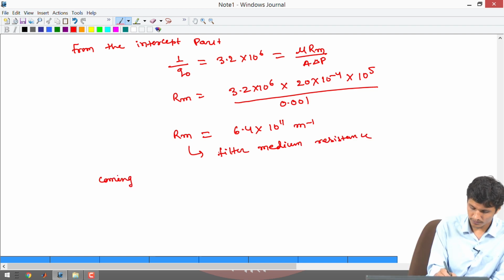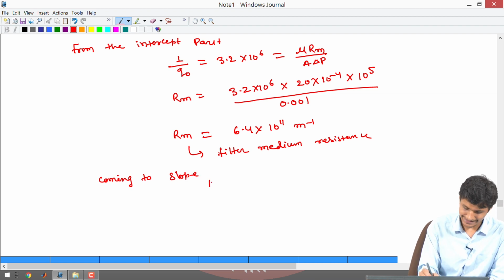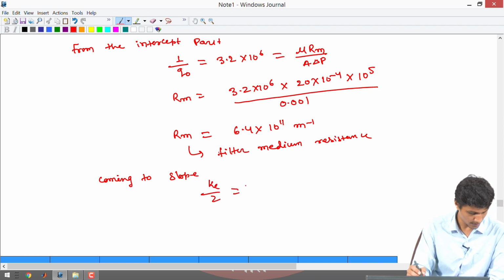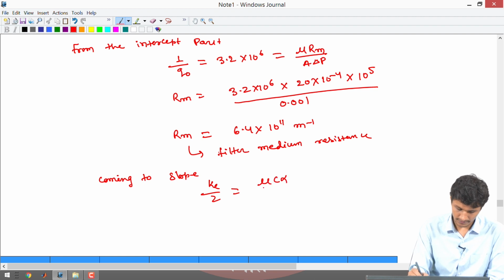Coming to the slope, Kc by 2 equal to mu c alpha by 2 a square delta p.